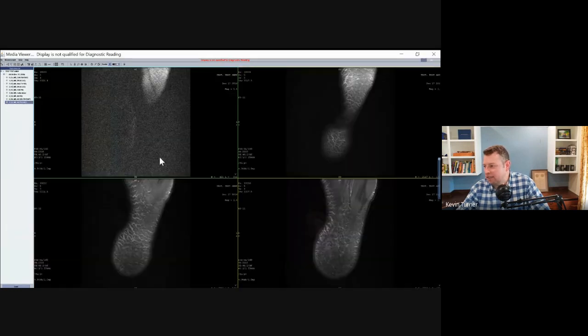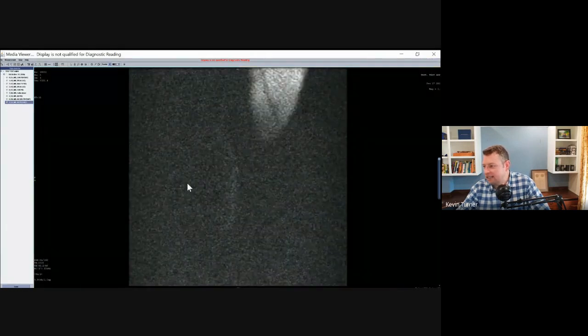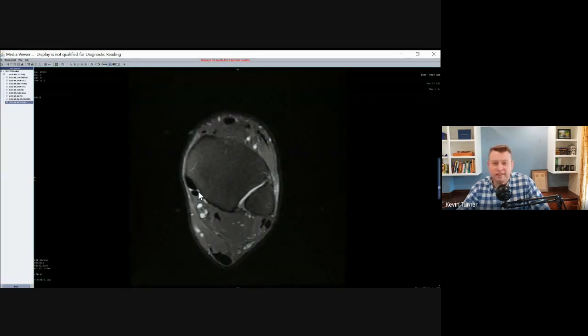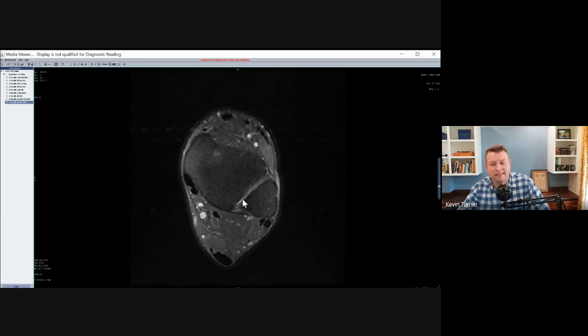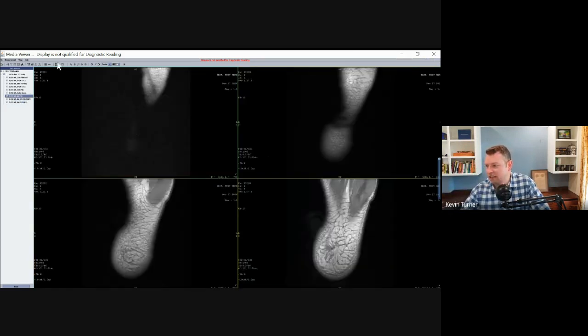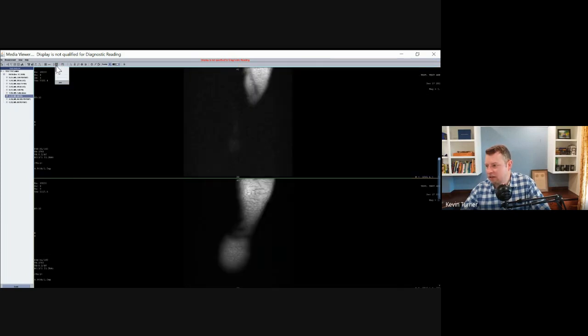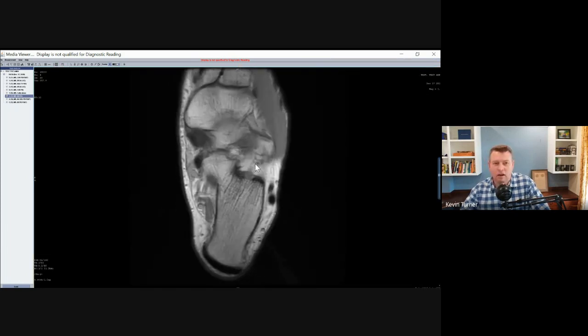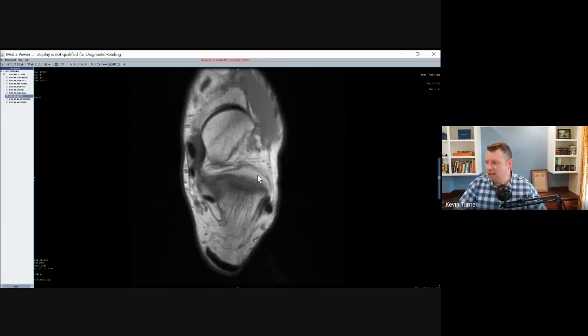This axial proton density FATSAT has the exact same slice position, the same frequency matrix, the same phase matrix, and the same field of view, which means that the strength of the phase encoding gradient, frequency encoding gradient, and slice select gradient were the exact same. But the images have different contrast because we changed TR and TE. These two different images have the exact same resolution and same gradient strengths, but different TR and TE values.